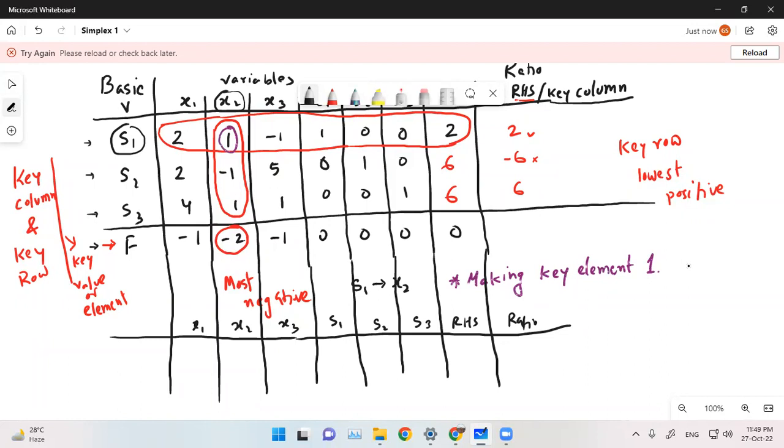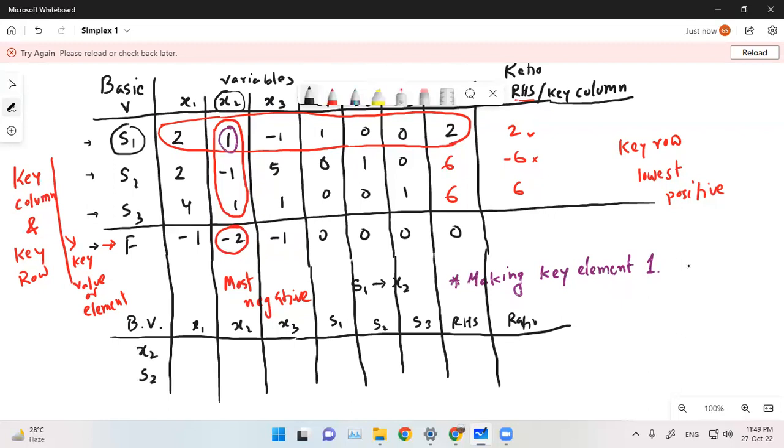So now what will be our basic variable? Basic variable will be S1 will be replaced by X2. The terminology they use in general is basically S1 leaves, X2 enters. Okay, so X2 will be coming here.